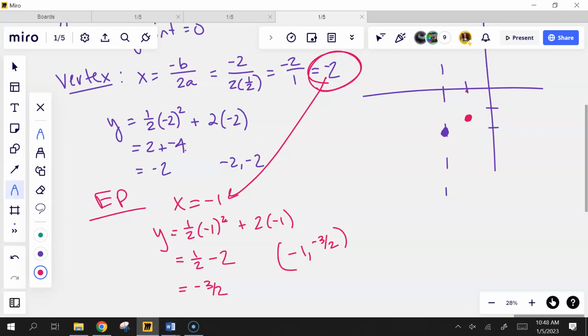And now what? What's your last step? Reflect and connect. Over 1 over 1. Did it do everything it was supposed to do? Does it open up?